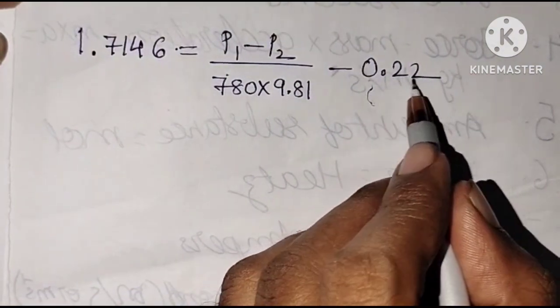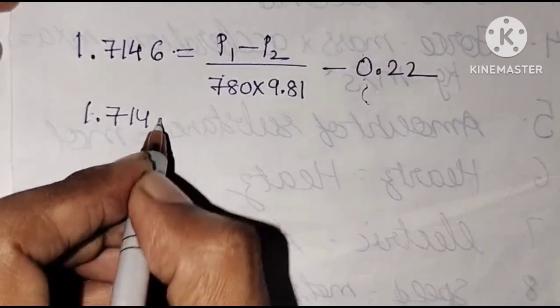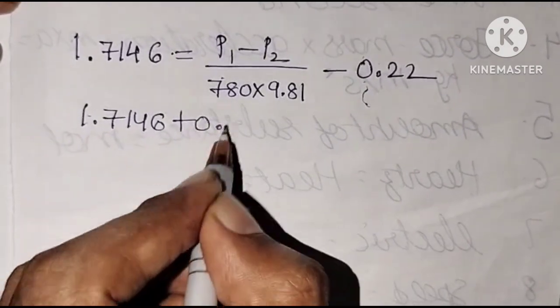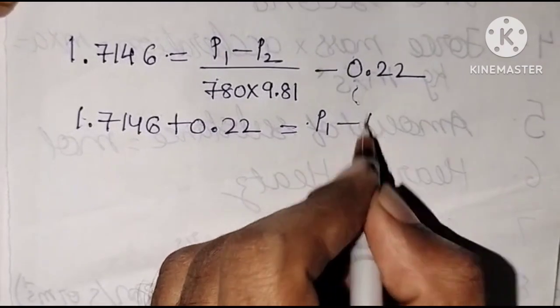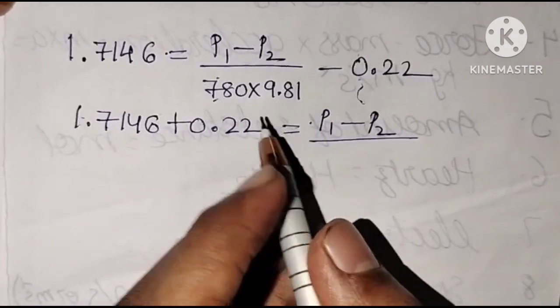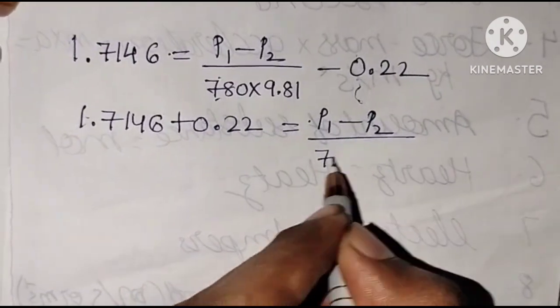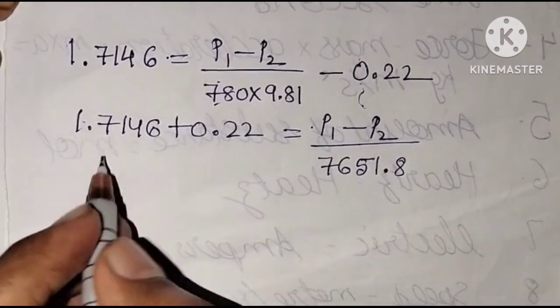First transpose minus 0.22 to the left hand side, negative becomes positive. 1.7146 plus 0.22 is equal to P1 minus P2 by 780 into 9.81. So its value is approximately 7651.8.